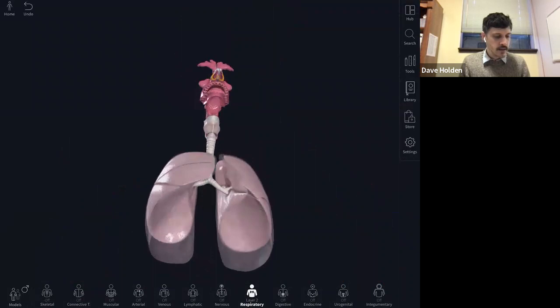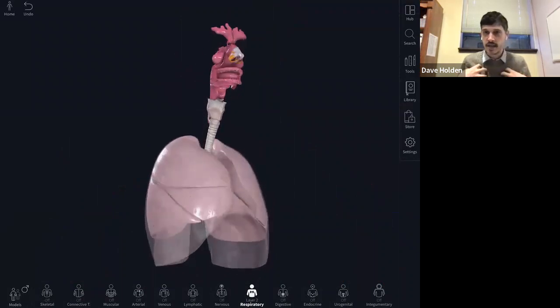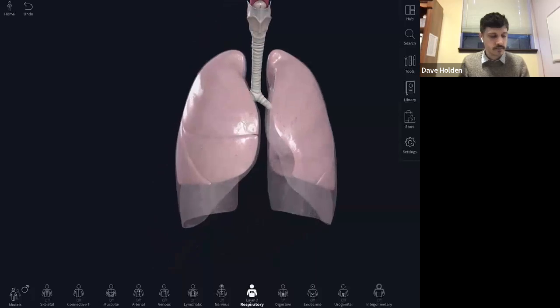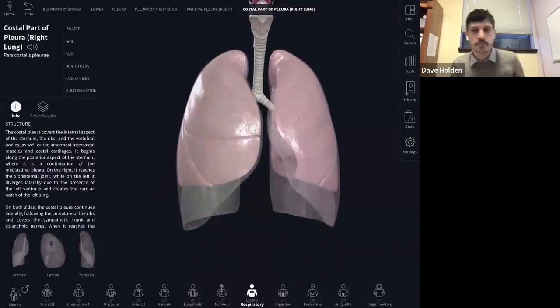There's another structure. The lungs do not just exist in the chest. As with most of your organs, they're wrapped in a layer of fascia. In the case of the lungs, it's called the pleura. You guys have ever heard of the disease called pleurisy?